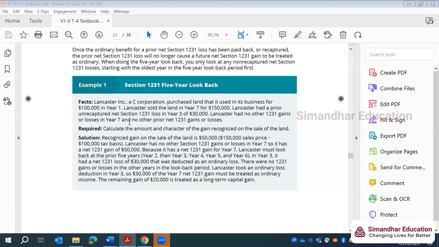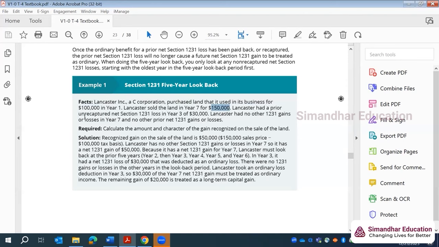So first, let's understand the gain on the land sold in year 7. My basis is $100,000 and I have sold the land for $150,000. So my gain here is $50,000.